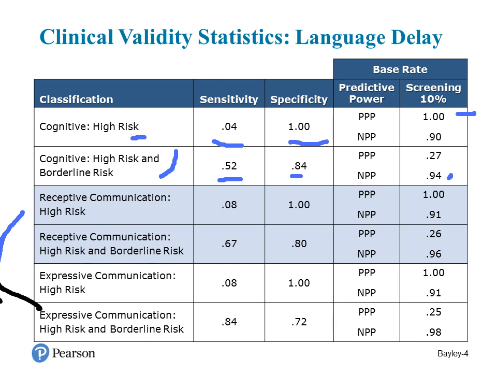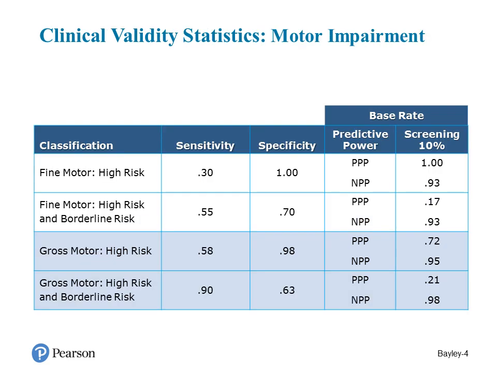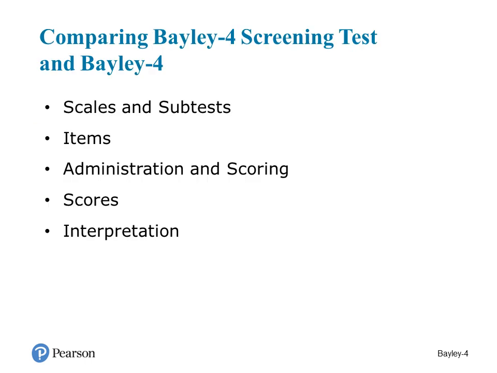So you want to take a look at these clinical validity statistics when you think about the special groups with which you work, so that you could look at the sensitivity, specificity, positive and negative predictive power of this tool for predicting a language delay, predicting motor impairment, predicting developmental delay. You can take a look at the information in your handout for the motor impairment group, and like I mentioned in the manual, we have additional information for those other groups as well.